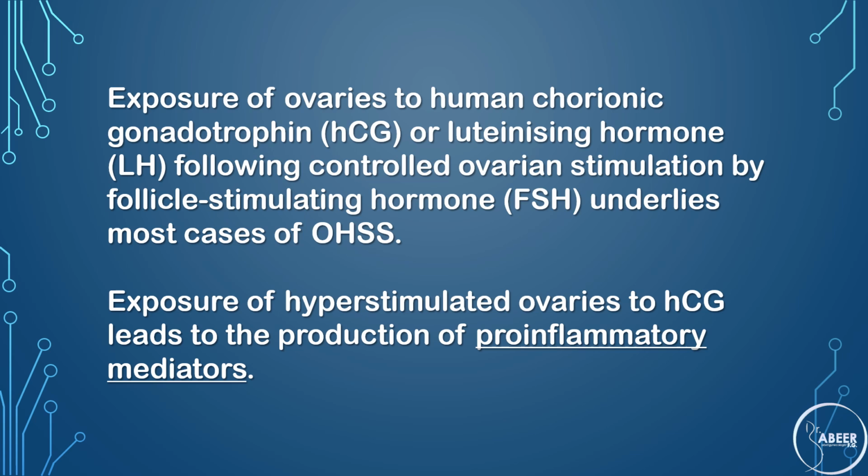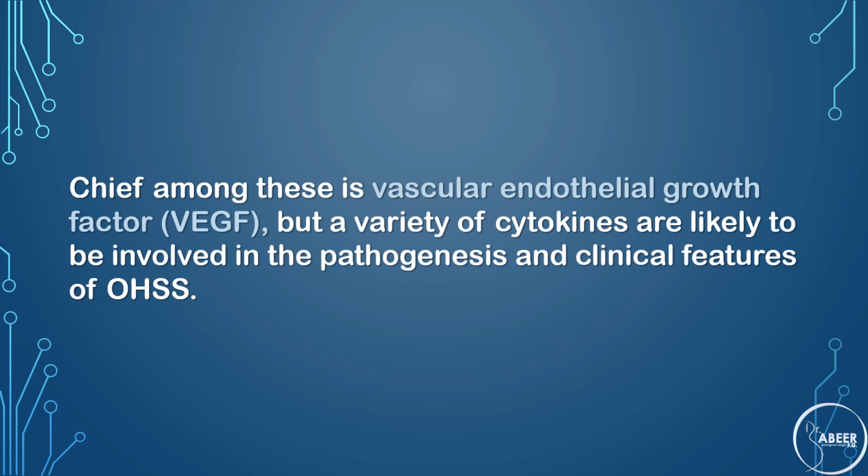Exposure of hyperstimulated ovaries to HCG leads to the production of pro-inflammatory mediators. Chief among these is vascular endothelial growth factor, or VEGF, but a variety of cytokines are likely to be involved in the pathogenesis and clinical features of ovarian hyperstimulation syndrome.